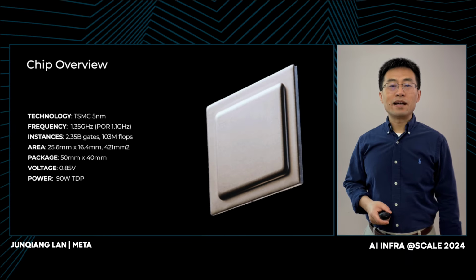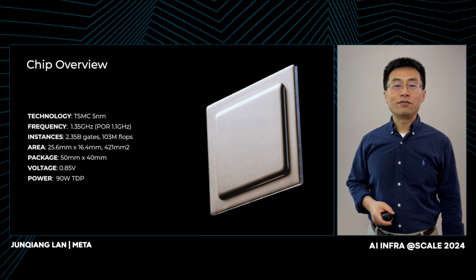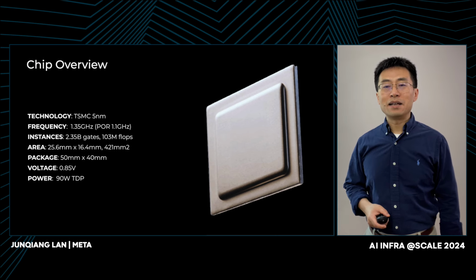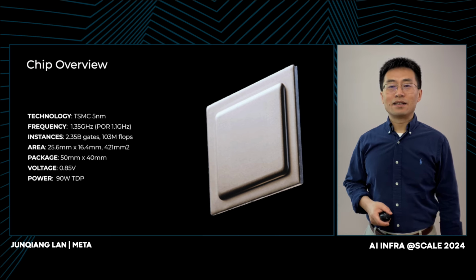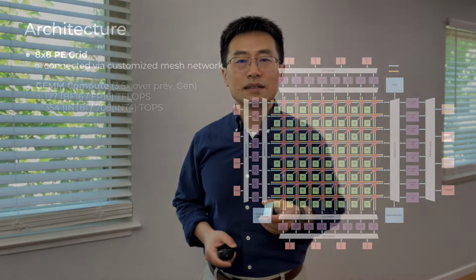It is a complicated ASIC with 2.35 billion gates on the die, but as you can see, the silicon in my hand, in the world of AI accelerators, this is already a moderate-sized chip with total power of 90 watts.